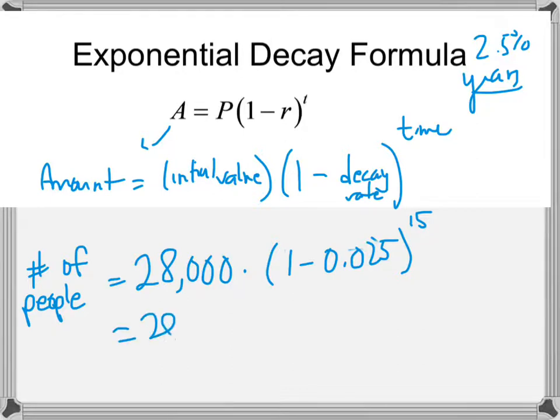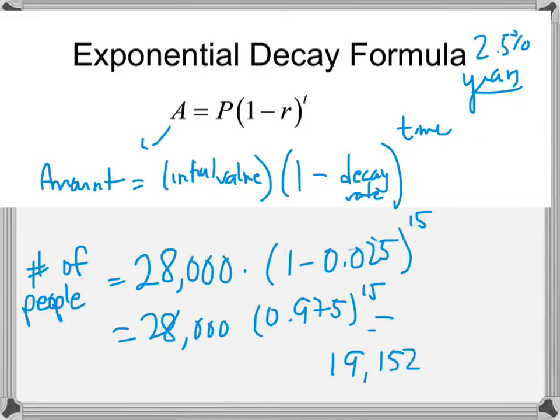I have 28,000, and 1 minus 0.025 is 0.975. That's raised to the 15th, so times 0.975, and the caret, and I go to 15. And this gets me 19,152, and this is what the calculator reads.